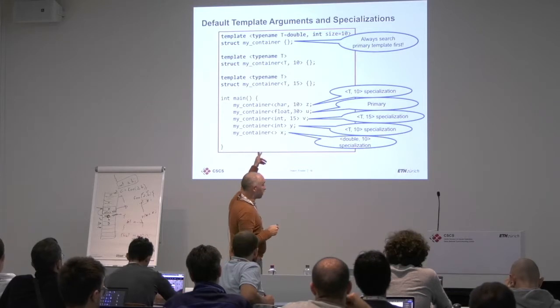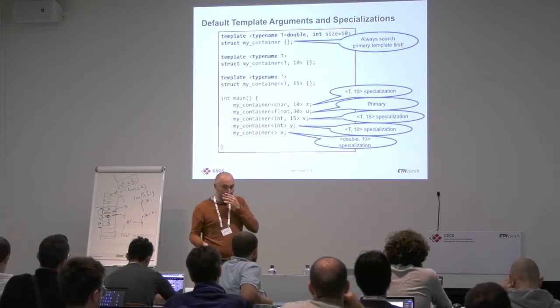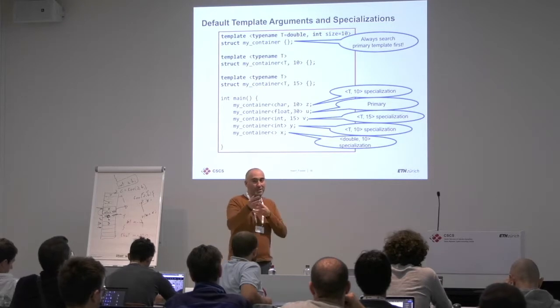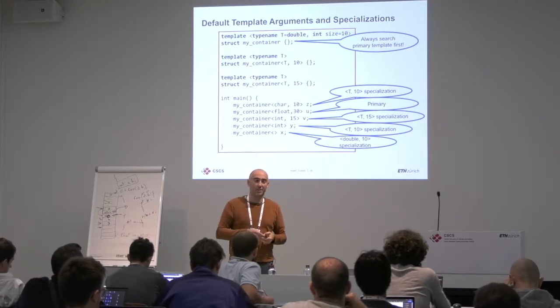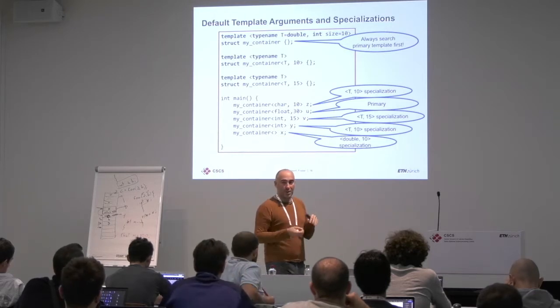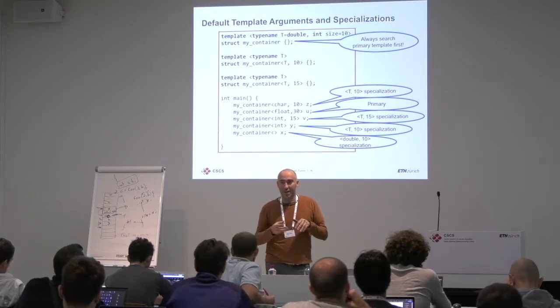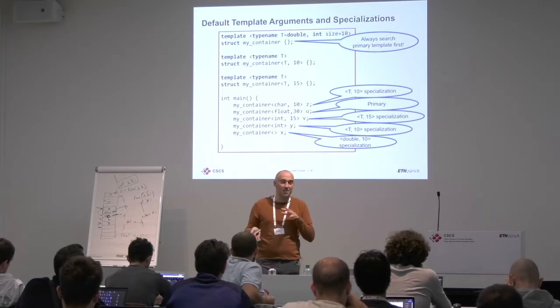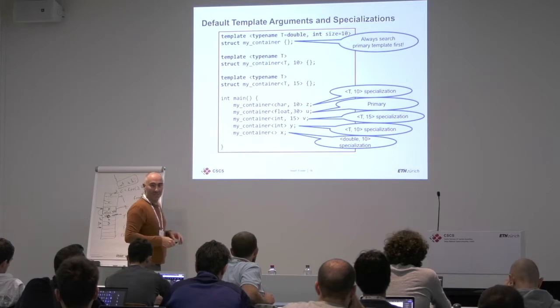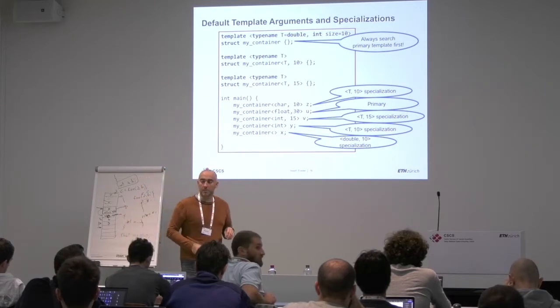So this trick of specialization only works for compile time specialization. And it's kind of tricky. It can be tempting to say, if the array is small enough, I will instantiate it on the stack, otherwise on the heap. But there are some semantics involved there, so it's not that easy to get it running.